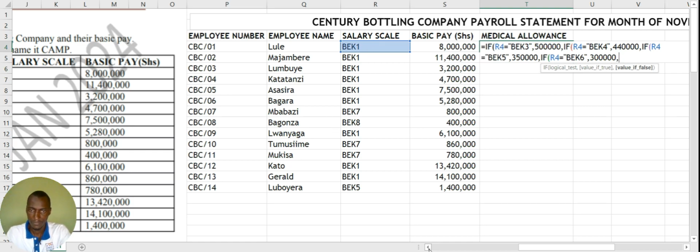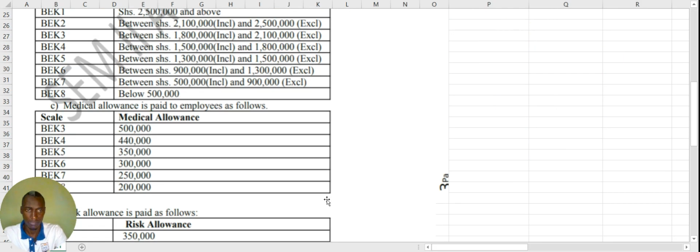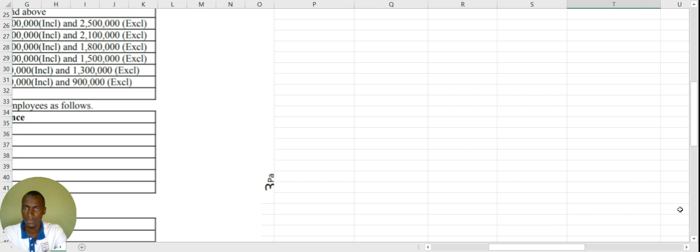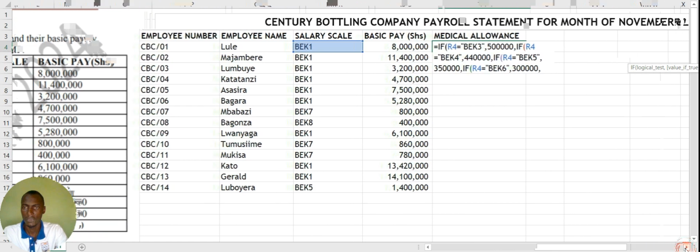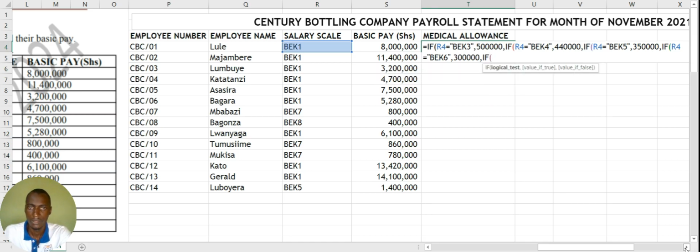Then next is BEK7 at 250,000. So if our salary scale equals BEK7, then that is 250,000.